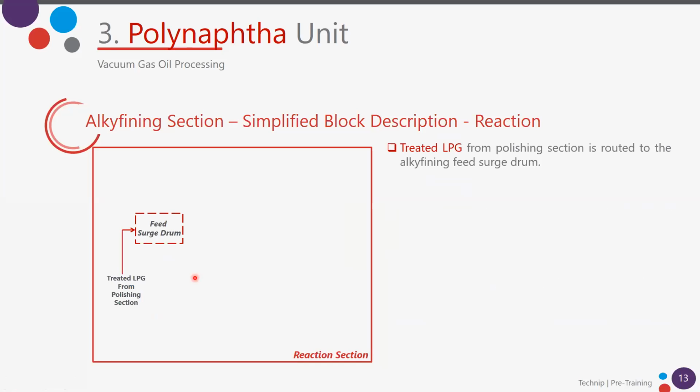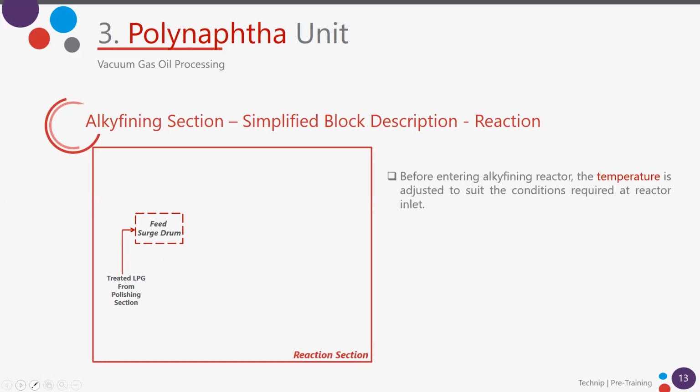Of course, the treated LPG from the previous section, from the polishing section, is sent to this feed surge drum. Then, before entering the reactor, the temperature is adjusted to suit the conditions required at reactor inlet.